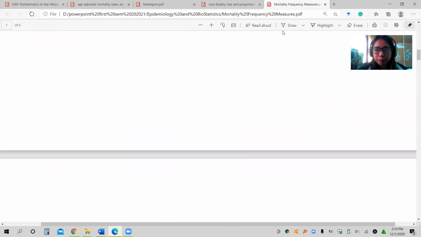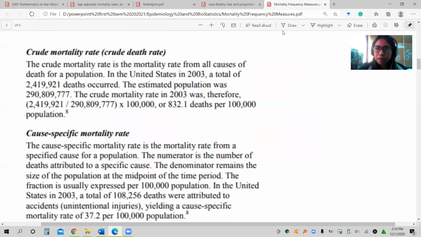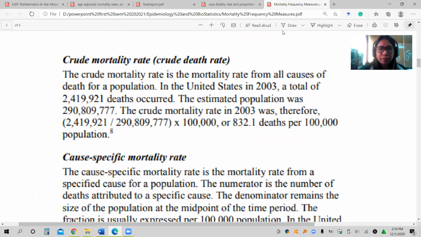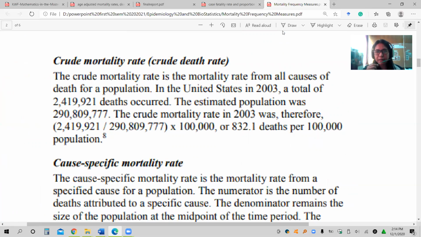So in our next slide here, we have the examples, for instance, of crude mortality rate. So how can we compute the crude mortality rate? So given this example, we have a total of 2,419,921 deaths, and the estimated population is 290,809,777.